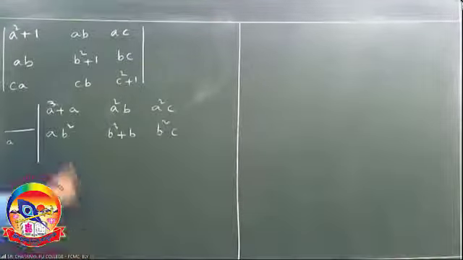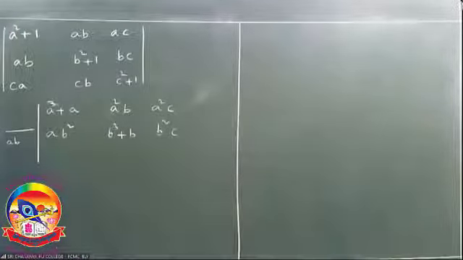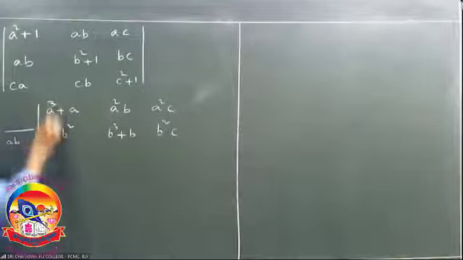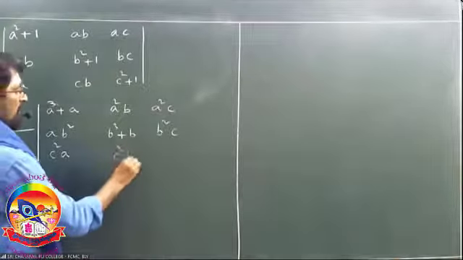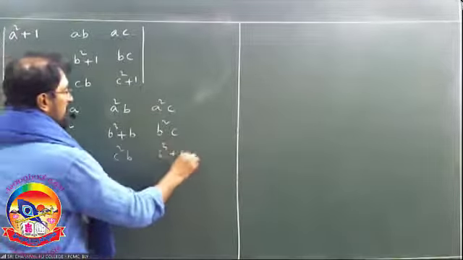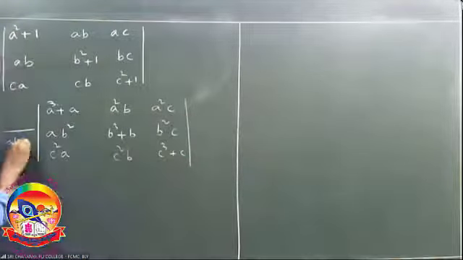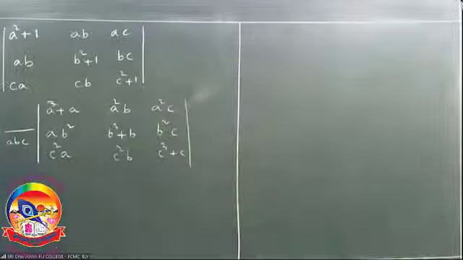If I multiply with b, I should divide it by b. And the last row should be multiplied by c. It is c square a, c square b, c cube plus c. Am I right? So this is 1 by abc into the determinant.